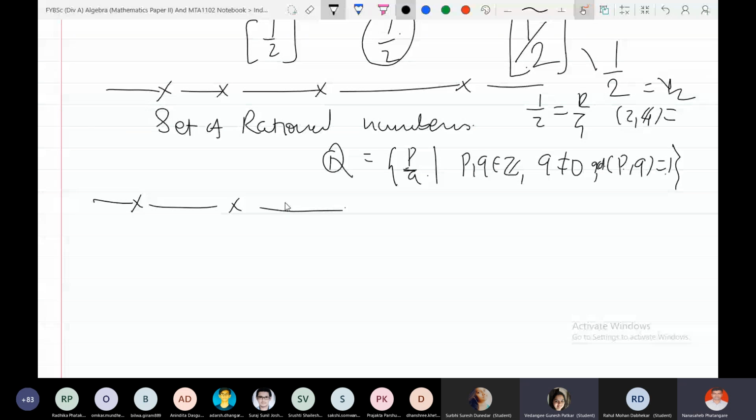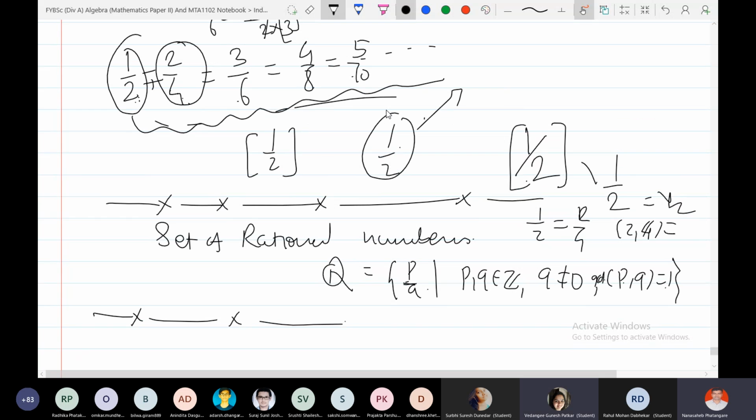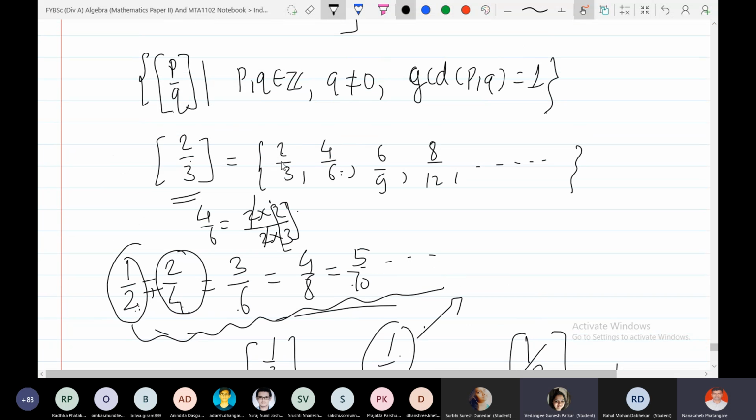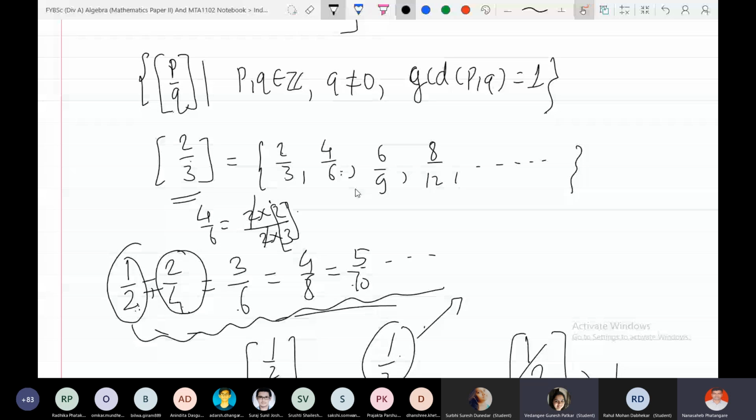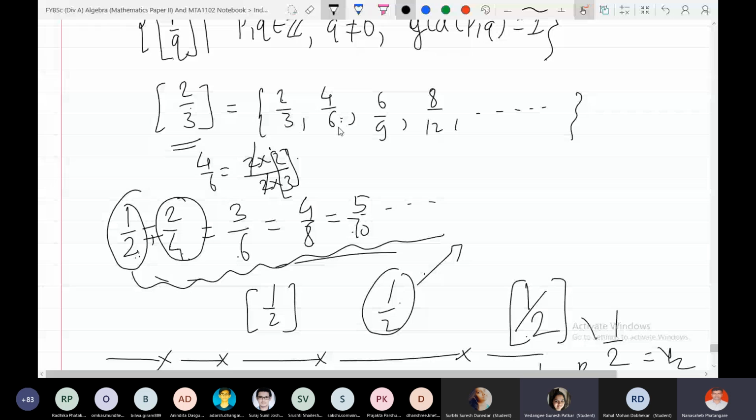Now, whatever we did so far, for example, 2 by 3 is in the class, or 4 by 6 is in the class of 2 by 3, but 4 by 6 is not in another class, right? 4 by 6 cannot be a member of the class of 1 by 2.